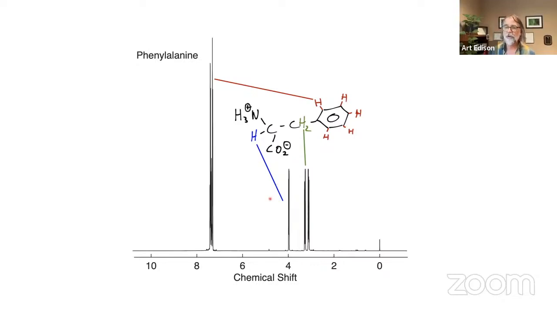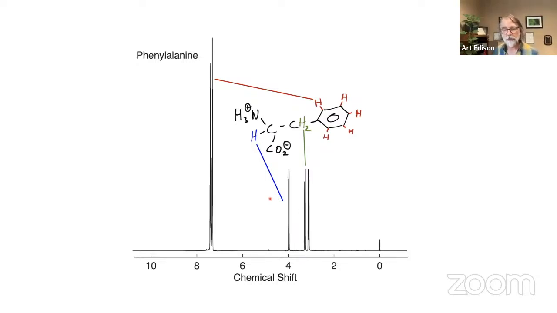So the point of this is that a bunch of these different individual compounds add together. In the case of urine, there are hundreds and hundreds of known metabolites, and that's how we get that complicated spectrum.